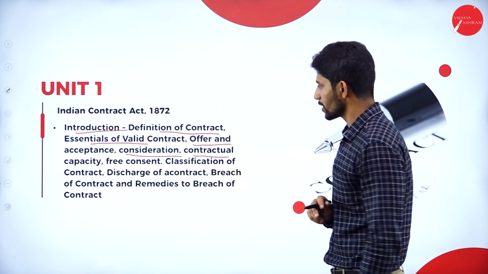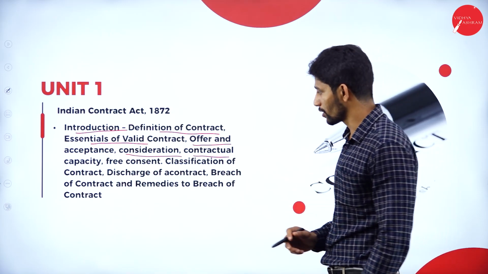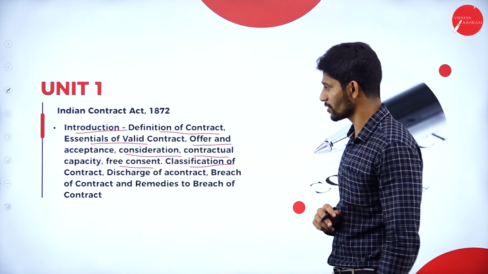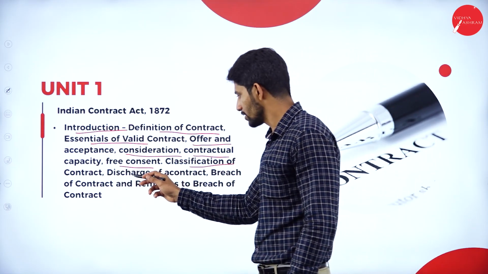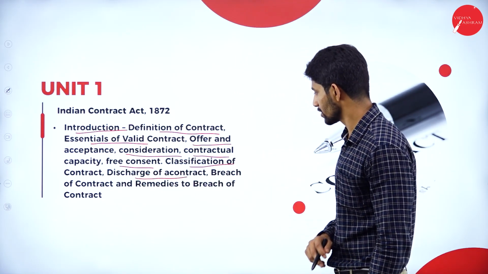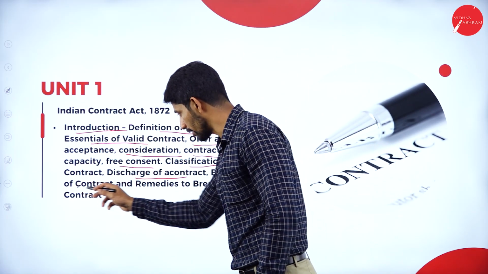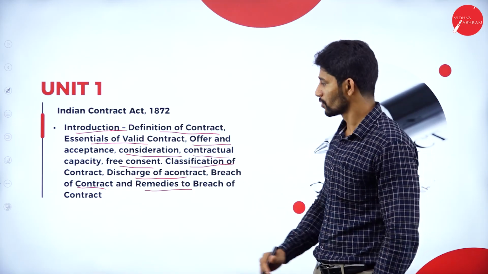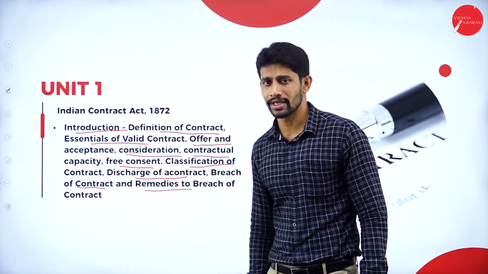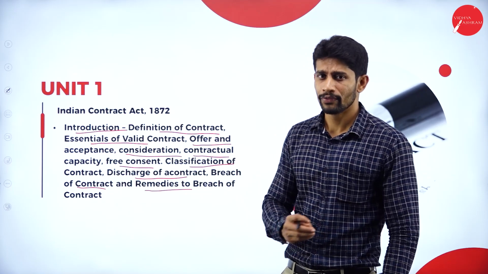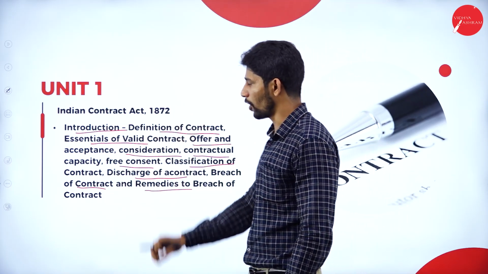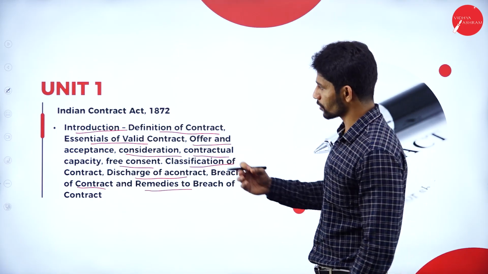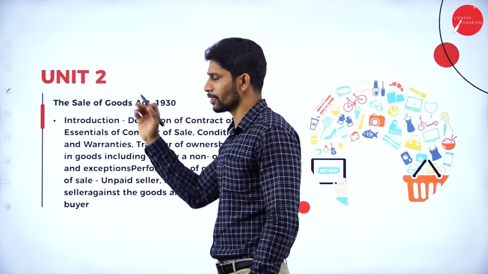And contractual capacity, the meaning of contractual capacity, free consent, classifications of contract, discharge of contract, breach of contract, and remedies for breach of contract. So these are all the topics you are going to study under unit number 1 with respect to the Indian Contract Act 1872.